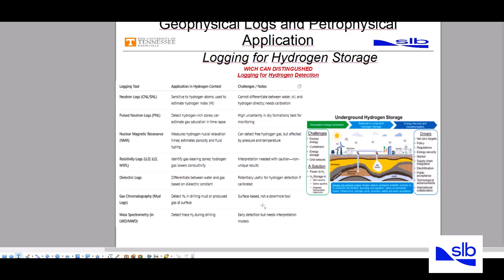Surface mass spectrometry is another technique linked to logging while drilling and measuring while drilling. It detects traces of hydrogen during drilling for early detection, but needs interpretation models.